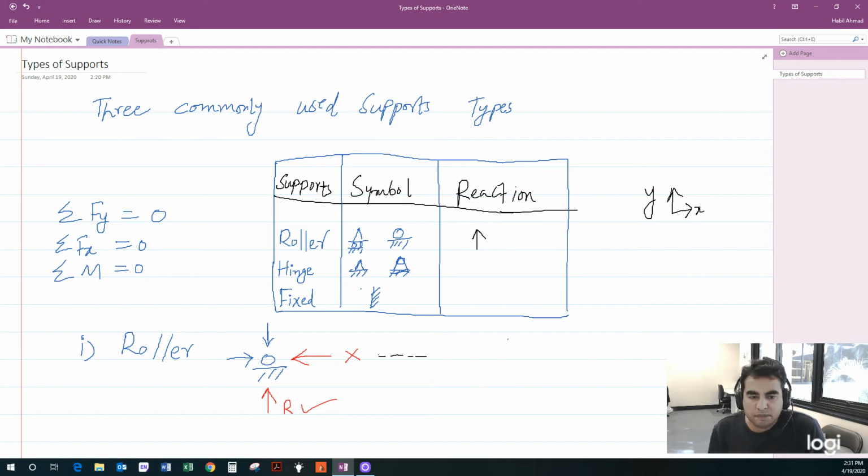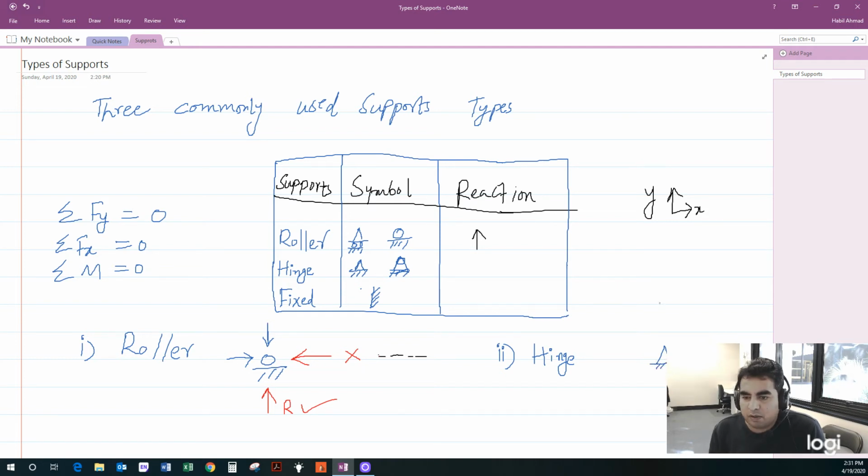Alright. Now the second type is the hinge support. What does the hinge support do?